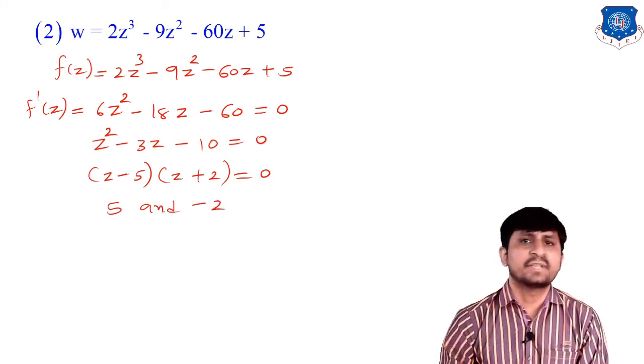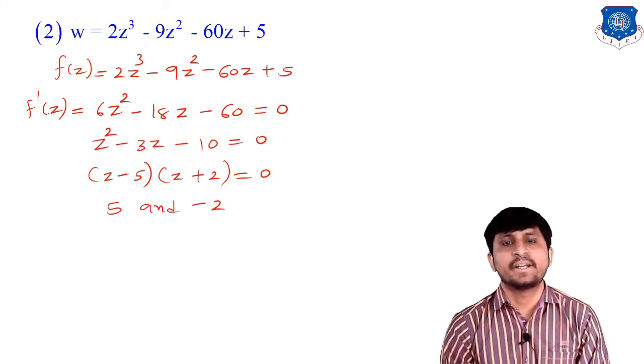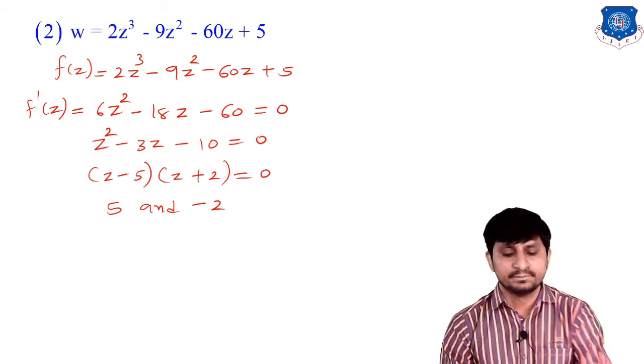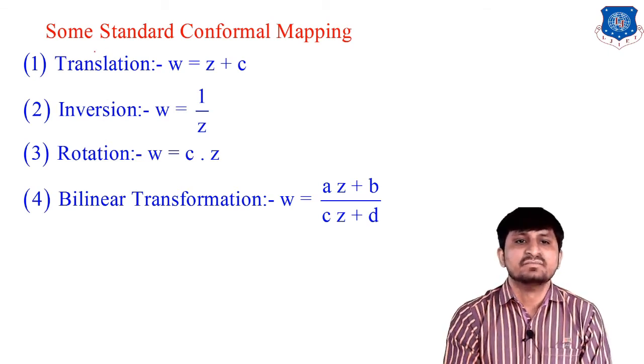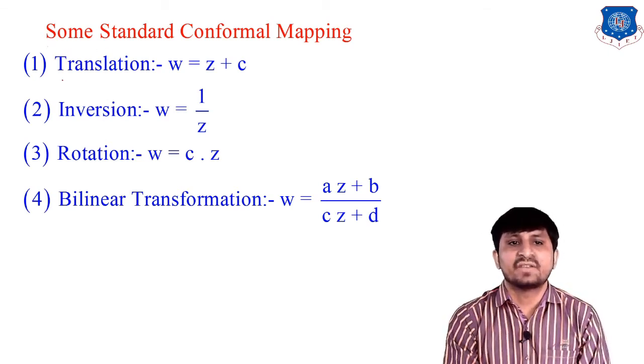Okay. So simple example, if you want to find critical points from the given function f of z, you can easily find out. Just find f dash z, take f dash z equal to 0 and find the value of z. Now next, in this chapter we will discuss some of the standard conformal mappings. First mapping is translation, w equal to z plus c.